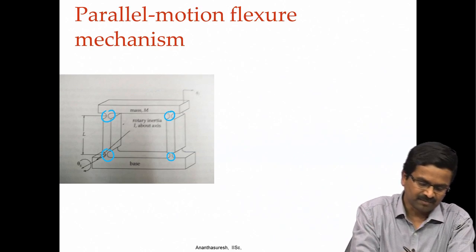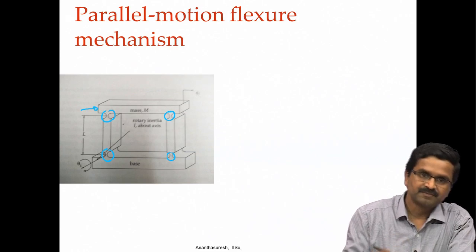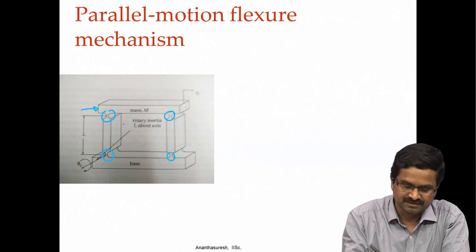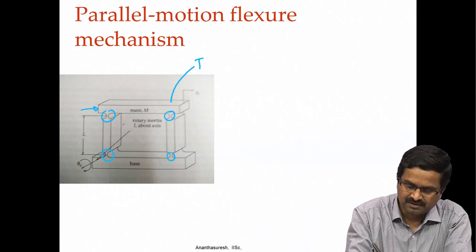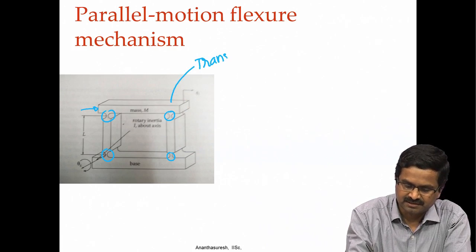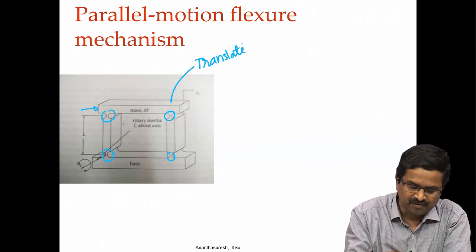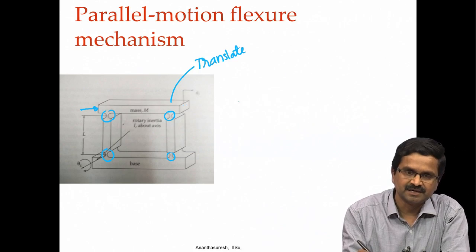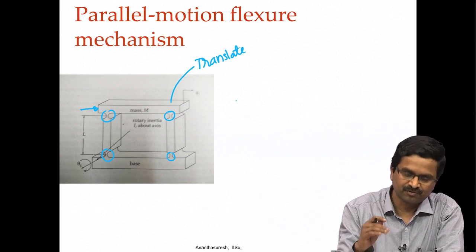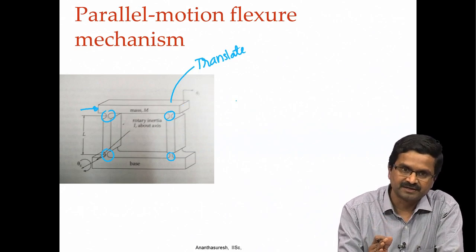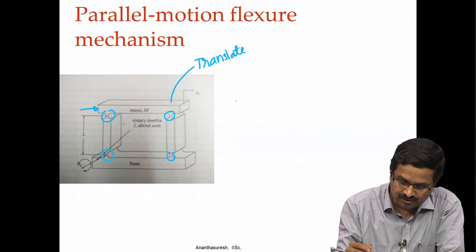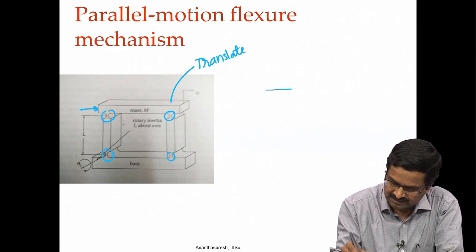So, here if I apply a force in that direction, this block at the top is going to only translate. If I apply a force in this direction, it is going to translate in that direction, but there will also be a little bit of motion in the perpendicular direction, but no rotation. This one we can also do like this, it is a 2D one.